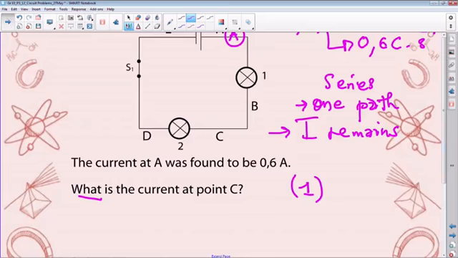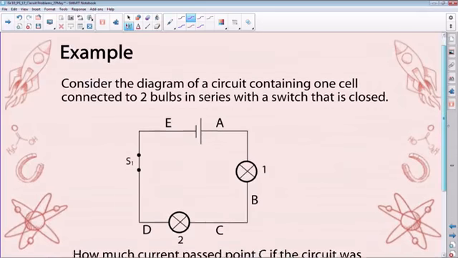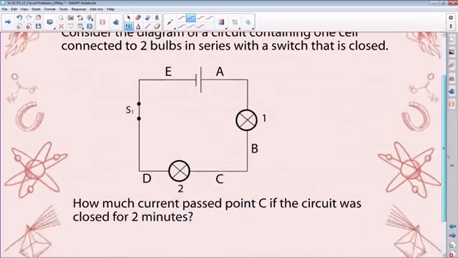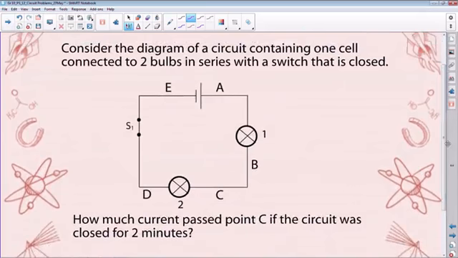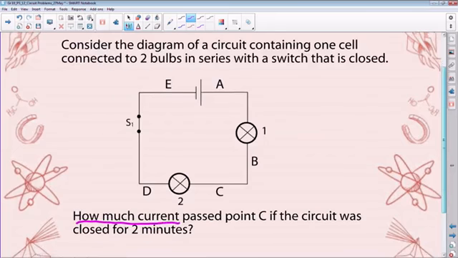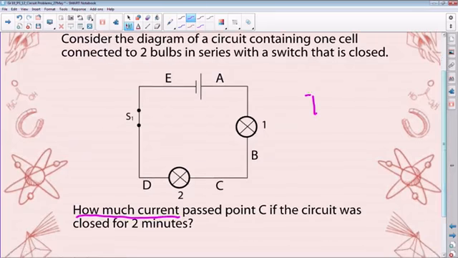Very, very important. Right. Now, in this very same diagram, with the same circuit, it asks how much current, so we want the quantity of charge that passed point C if the circuit was closed for 2 minutes. So what do we know? We already know conceptually that I is equal to the quantity of charge that passes through a point per unit time, or per second.